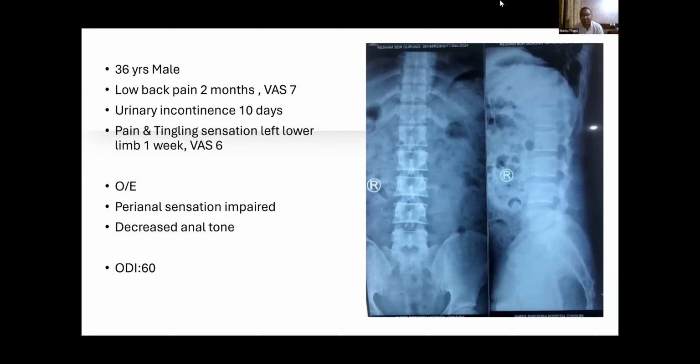This is an X-ray of the same patient, which looks normal except for some loss of lumbar lordosis. So this is a case of back pain with neurological involvement, and the next investigation would be the MRI. MRI is the gold standard. So next, please.